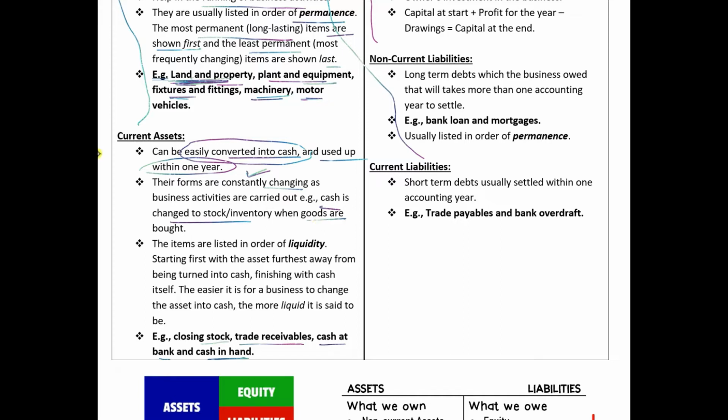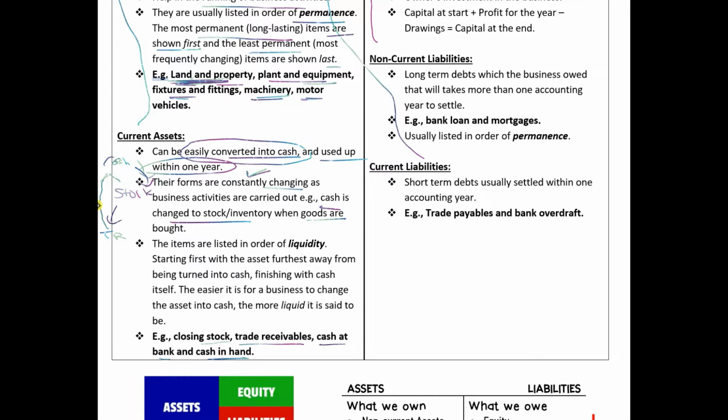You use your cash to buy the goods or inventory. Then you sell the inventory to the customer on credit, which becomes trade receivables. If the trade receivables pay you, then you will have cash again. Then you use the cash to buy stock, and the process goes on.